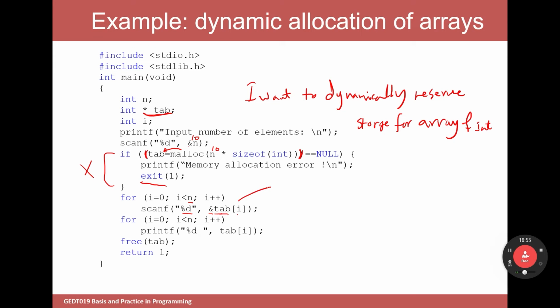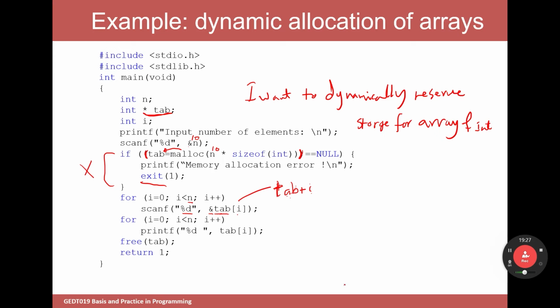Because this is exactly the same as saying pointer plus i. I is the element 0, so tab plus 0 is the address of the first element. If i equals 1, that means tab plus 1, which means the second element.